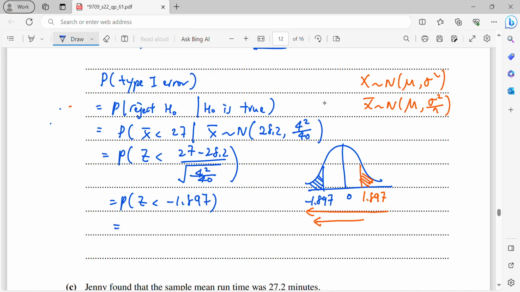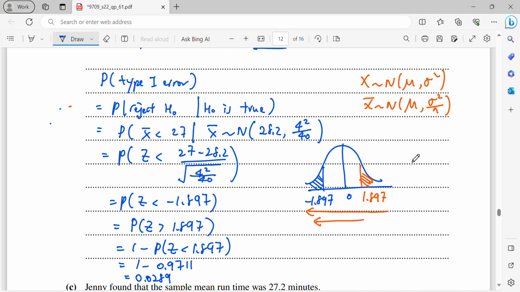Here it is going to be P(z more than 1.897), which is the same as 1 minus P(z less than 1.897). Now I get it from the table, which is 1 minus 0.9711. Rounding to 3 significant figures, it will be 0.0289. Okay, so that's the type 1 error probability.